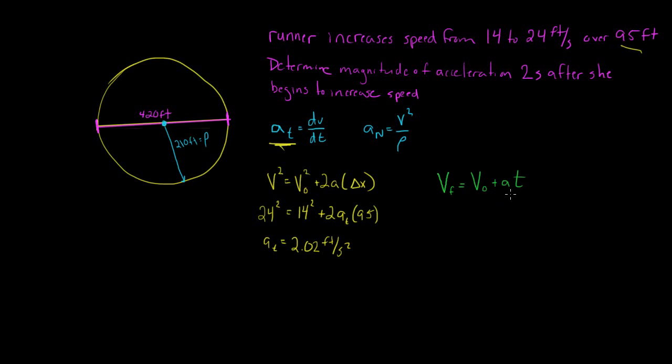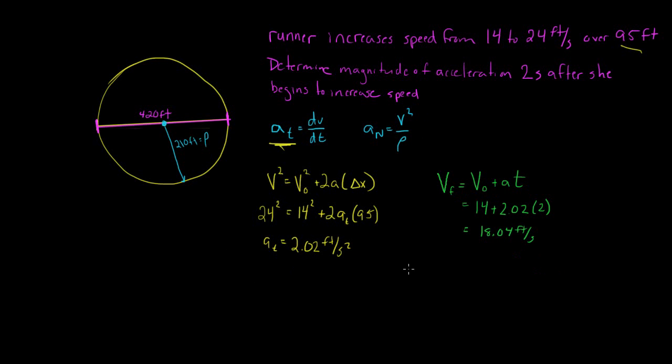She has an initial velocity of 14 feet per second, an acceleration of 2.02 feet per second squared, and a time of 2 seconds. If we perform this calculation, we get 18.04 feet per second. So at 2 seconds, this is how fast she is moving.